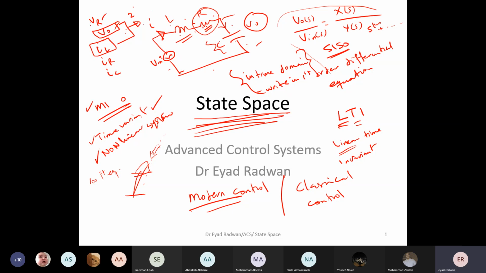يعني لو بعرف IL بقدر أعرف V out VR بقدر أعرف VR. لو بعرف IL بقدر أعرف as well VL اللي هو الvoltage across this.